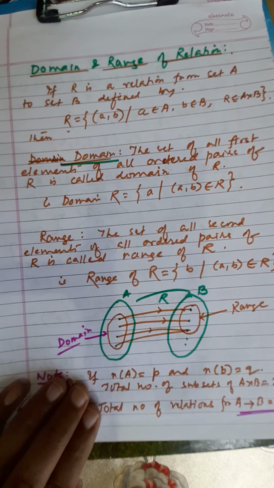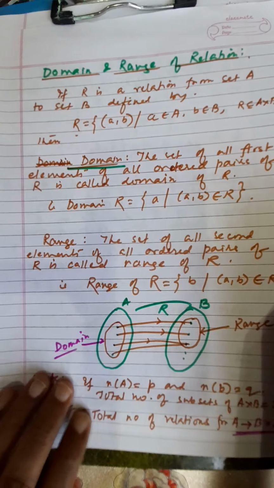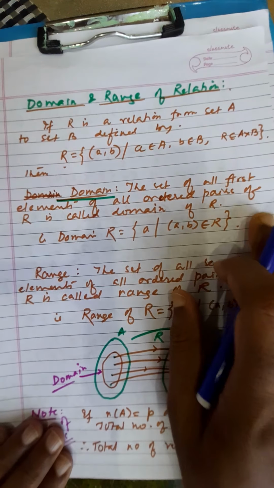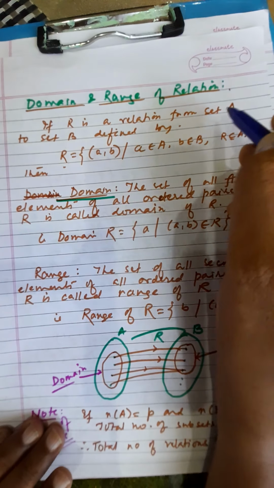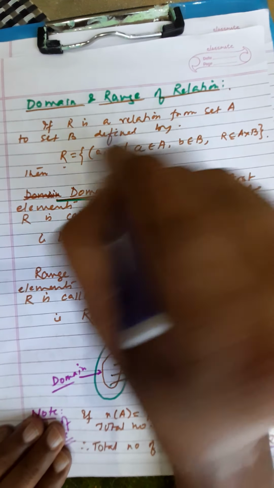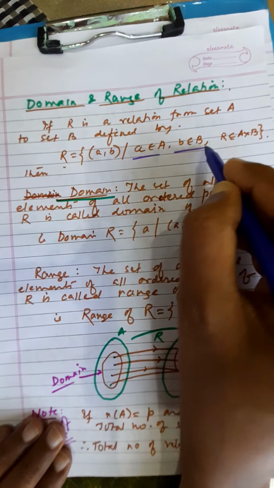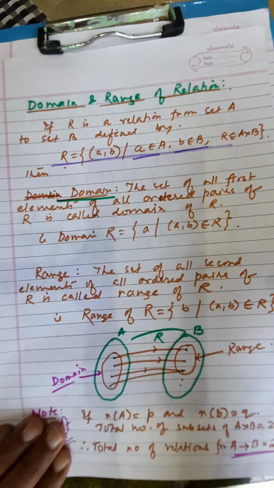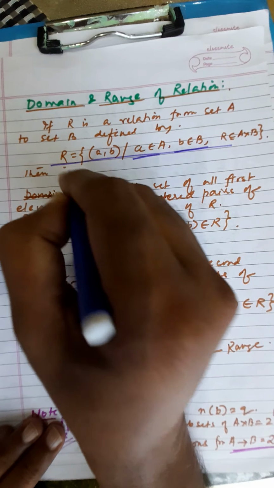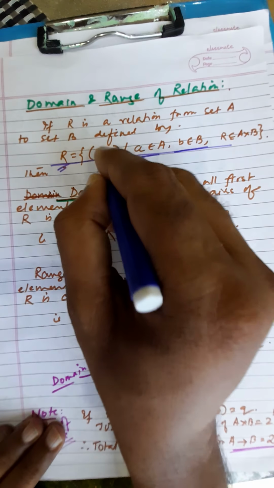Next, see domain and range. What is domain and what is range? If R is a relation from set A to set B defined by R is equal to (a, b) such that a belongs to A and b belongs to B, this is a relation. How to find the domain of R?